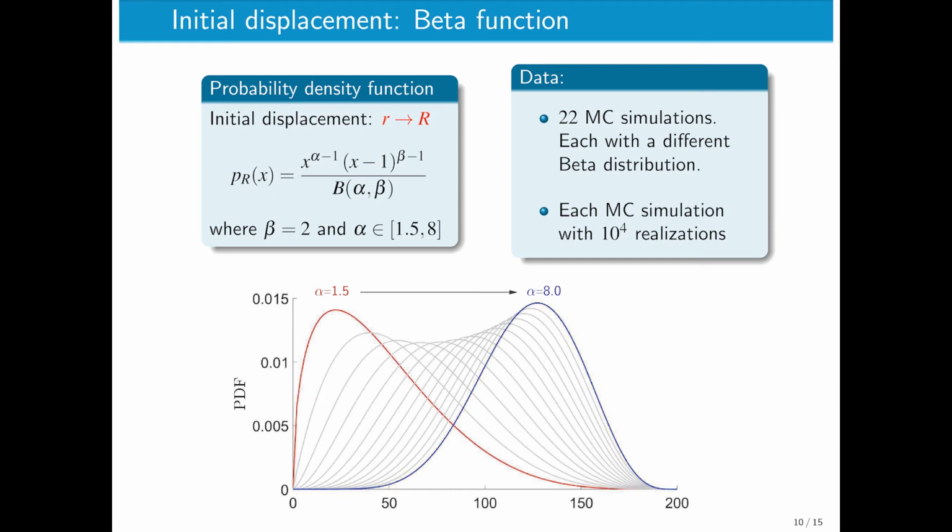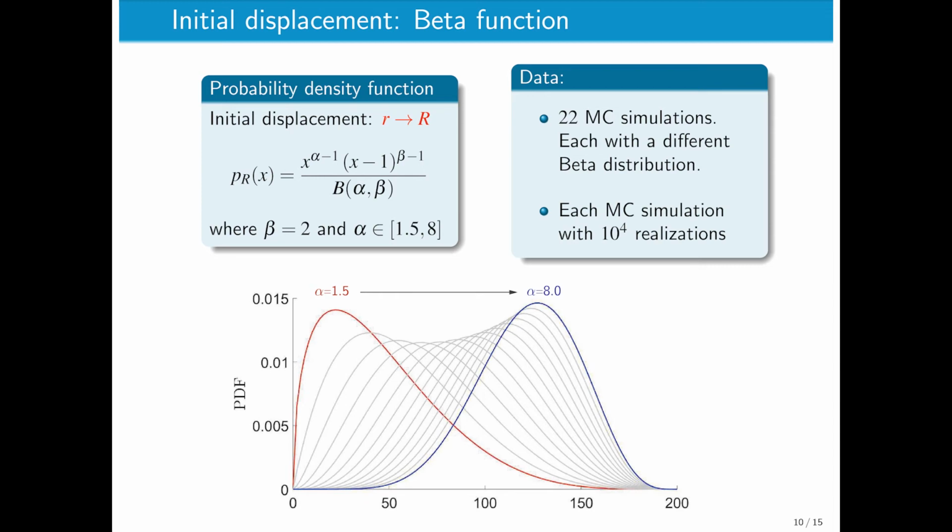For the simulations, we consider the initial displacement as a random variable with a beta distribution. We fixed the parameter beta equal to 2 and chose 22 different values for alpha between 1.5 and 8, with support 0 to 2000.